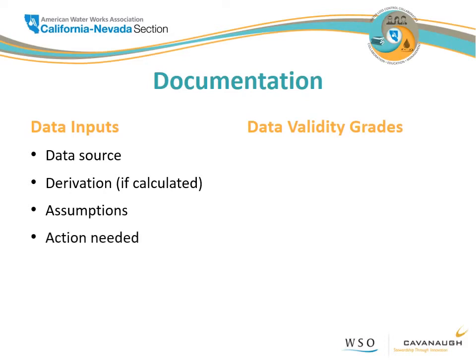And then finally, if any action is needed, a good example of this might be we had to make an assumption because we didn't have, let's say, the finished water meter test report. So we made an assumption on the master meter error adjustment on the supply volume.